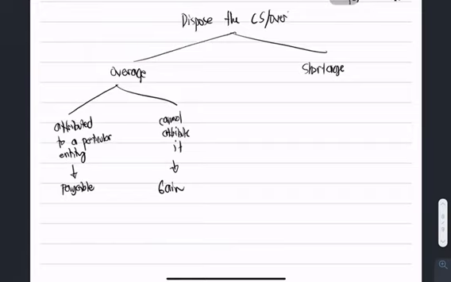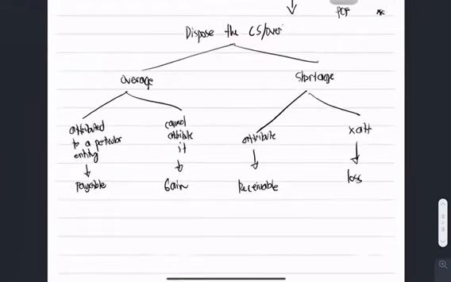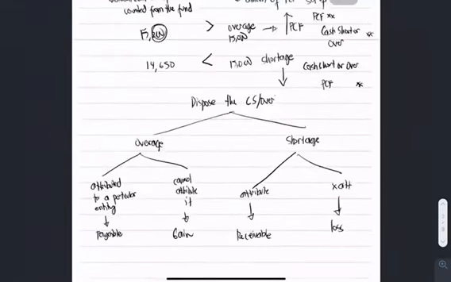How about if it is a shortage? If it is a shortage, and again, you can attribute it against someone, then you will have a receivable. But if you cannot attribute it, then you treat this one as a loss. So we go back to our entry on the overage. Our entry on the overage is debit petty cash fund, credit cash short or over.